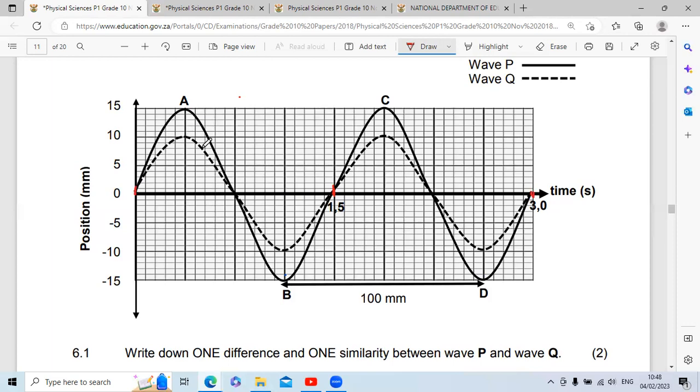It goes up and down into the negative, and then up again in 1.5 seconds. And P also goes up, down into the negative, and up again in 1.5 seconds. So the period of the waves is equal.